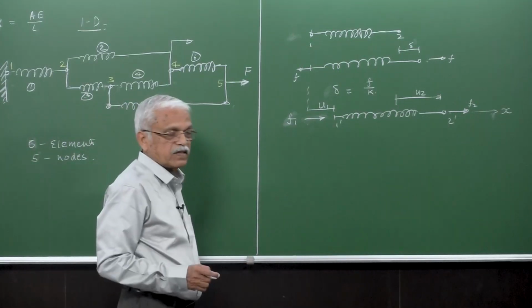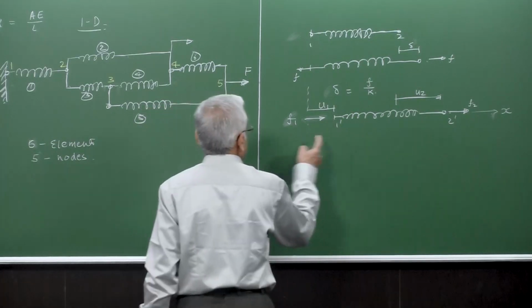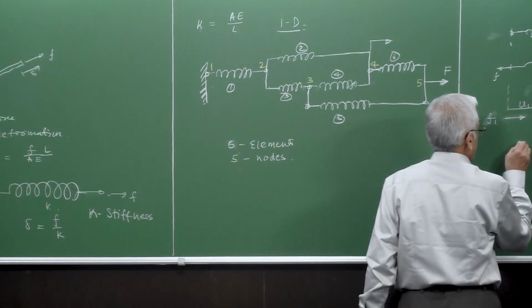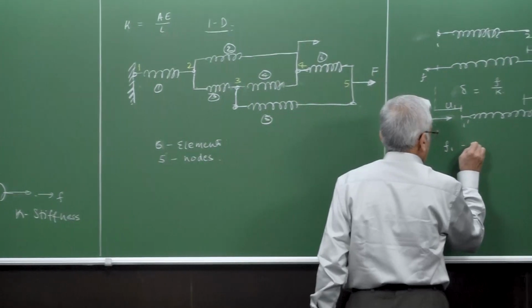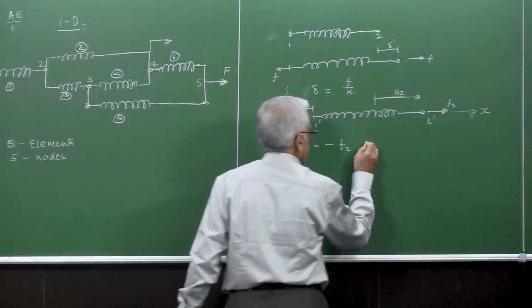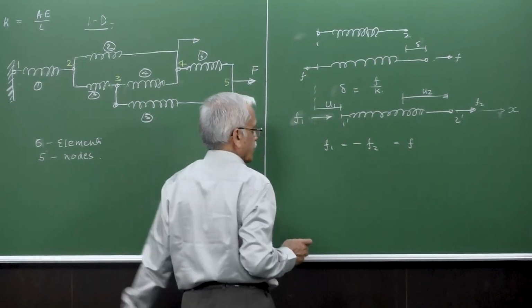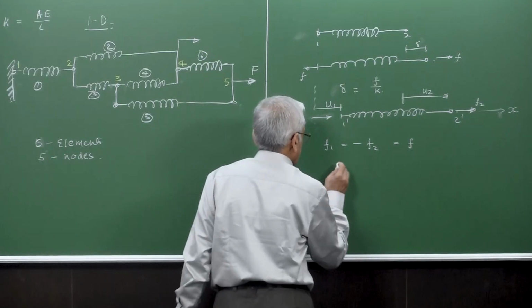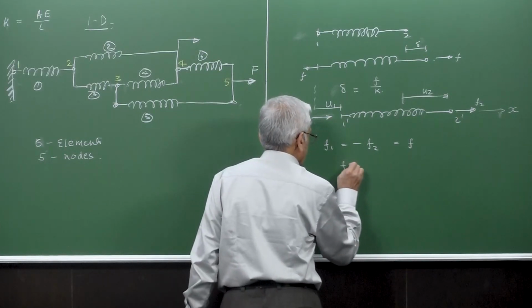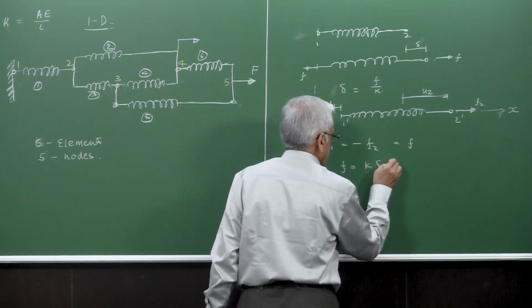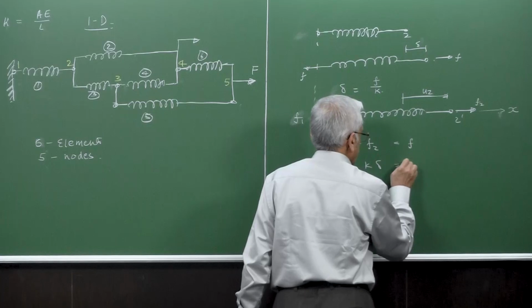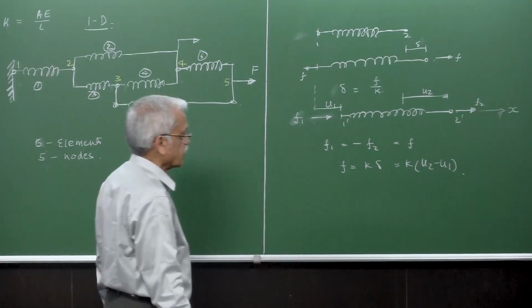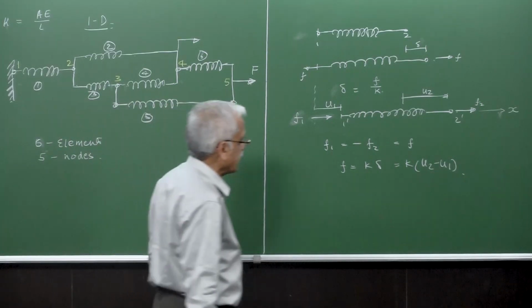If you compare it with the F here, we know that F1 should be minus F2 and should be equal to F, the internal force. Then we also have another relationship: F is equal to K times delta, which is equal to K times U2 minus U1, right? F is equal to U2 minus U1 times K.